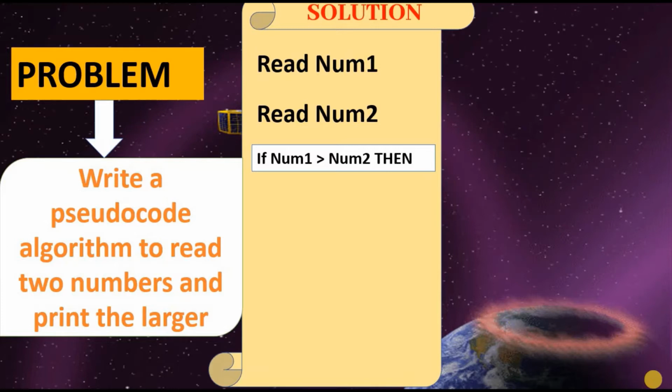Now from here the computer is ready to make the test to decide which of the two numbers is the larger. So it's testing with the keywords that we identified earlier, which is the if-then. So it is saying if num1 is greater than num2, then what should we do? Well, if it is greater than num2, we were told to print the larger, which is num1. So let's say the user entered 10 in the location num1 and maybe 5 in num2.